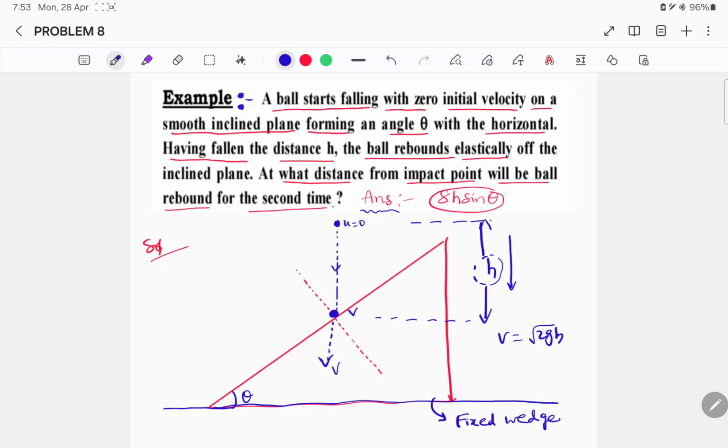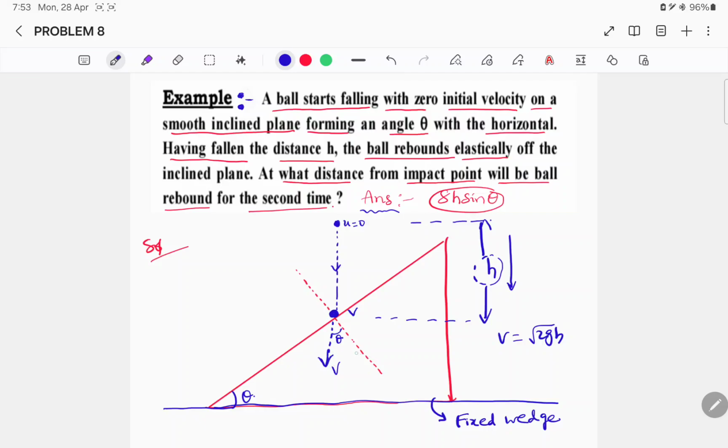I have slid this vector v, and this vertical downward vector, with this red dotted line, would be making an angle theta, equal to the angle of inclination, and with the geometry everyone can prove it. It's minimal information.